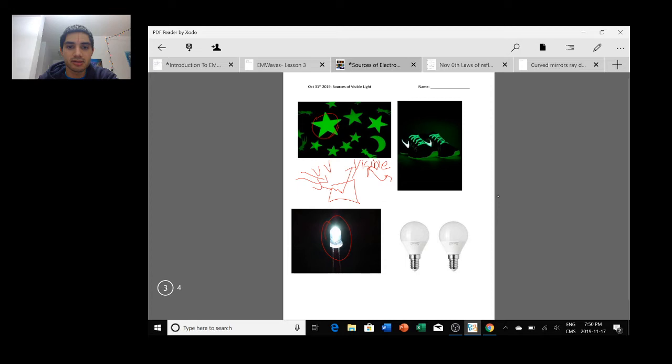The last thing were LEDs, light-emitting diodes, which are basically made of semiconductors, and they're much more efficient than incandescent and fluorescent light bulbs. So you have to know the differences and similarities between all these things. That's going to be a major part of your test.